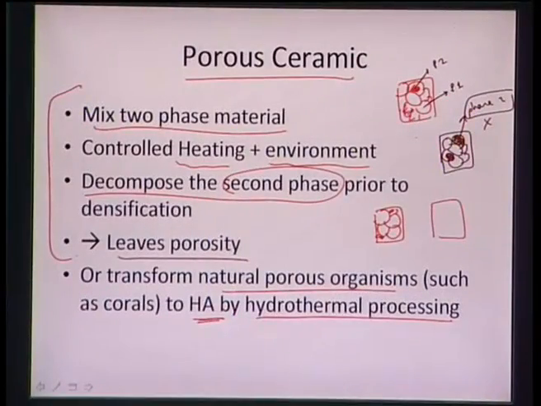So we are getting overall a controlled porosity which equals the amount of that phase which is present, and then the other phase forms a continuous network of the required implant material. So that is what we are doing in the first case, and in the second case we can take a porous organism itself, which can be coral, and then hydrothermally process it to hydroxyapatite to leave again a porous biocompatible material.